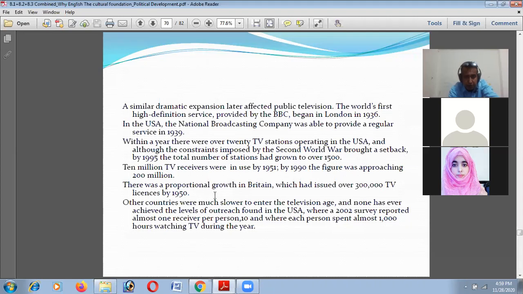There was also a proportional growth in Britain, which had issued over 3 lakh TV licenses by 1950. In the case of Britain, you have to understand that if you have a TV, you have to have a license. In our country, Bangladesh, we do not have to have a TV license, but still in the UK, you have to have a TV license.